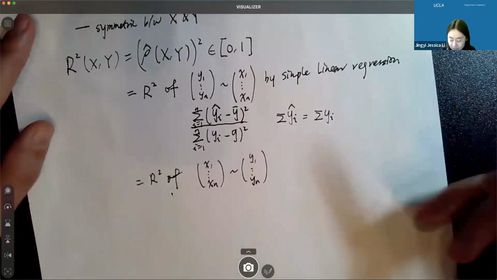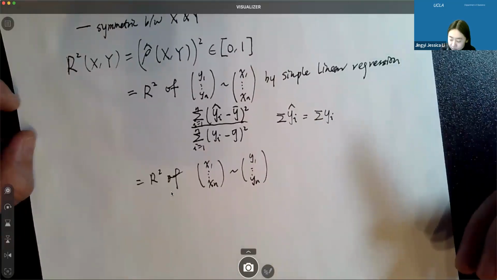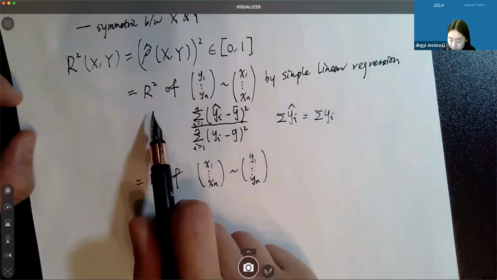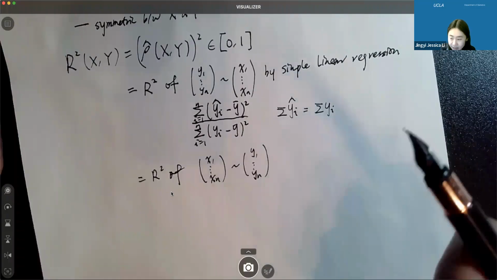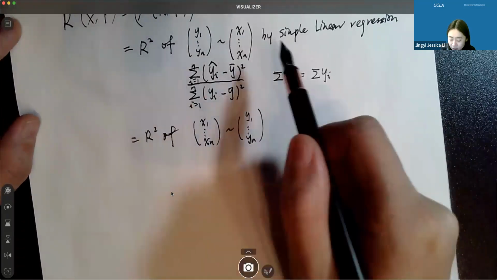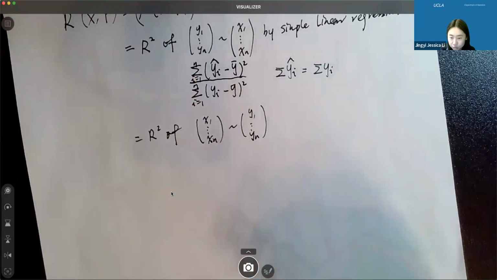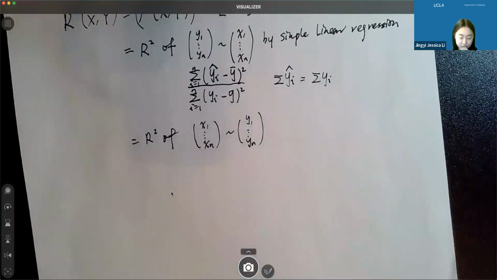And we said that this Pearson correlation has an interesting relationship with the R-square measure used in linear regression. Even though if we regress X on Y versus Y on X, the two regressions are not equivalent, interestingly, they have the same R-square. So that's where we stopped last time.